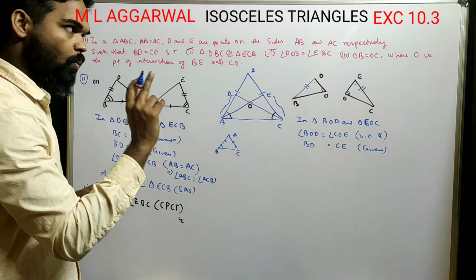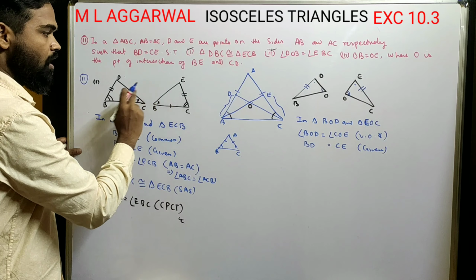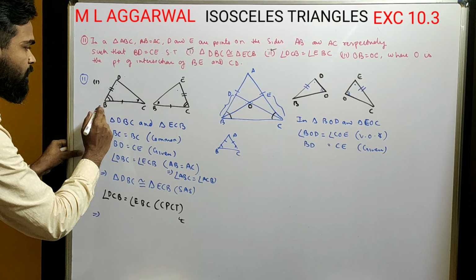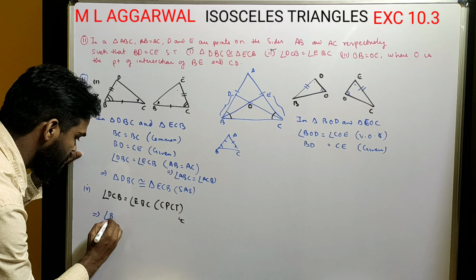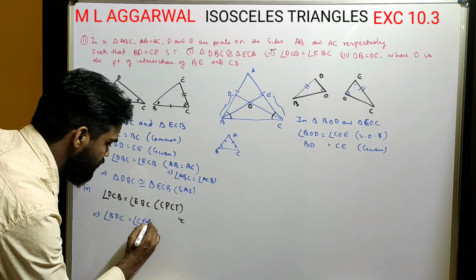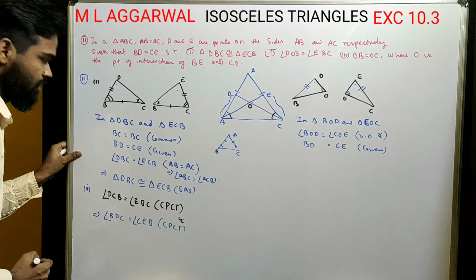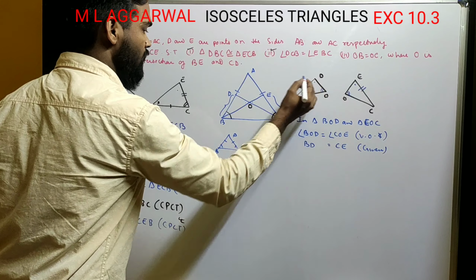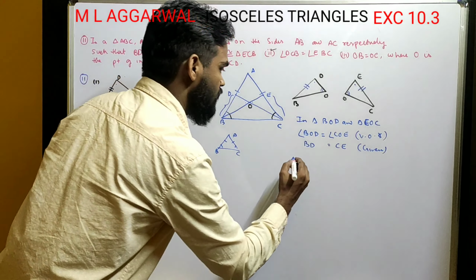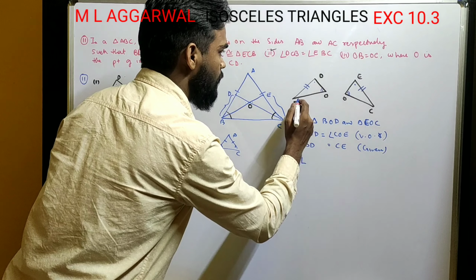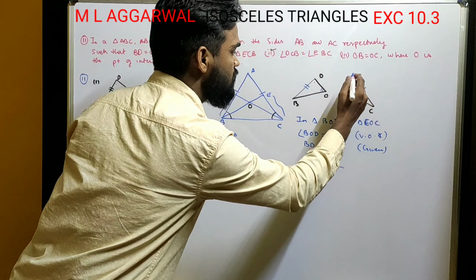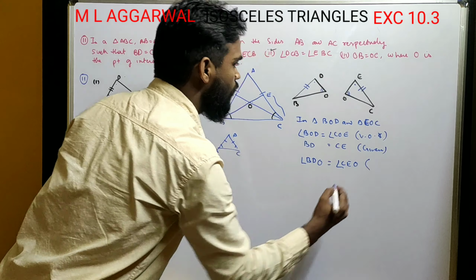Because we have already proved that these two triangles are congruent, which means this angle and this angle, can I write over here, angle BDC is equal to angle CEB, CPCT, and BDC is nothing but this angle, and CEB is nothing but this angle, which means angle BDO is equal to angle CEO. Why?